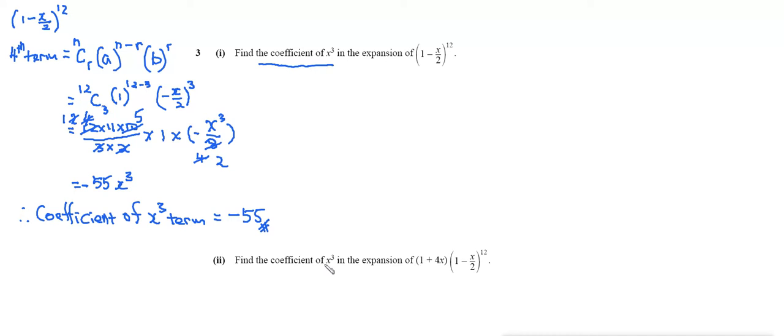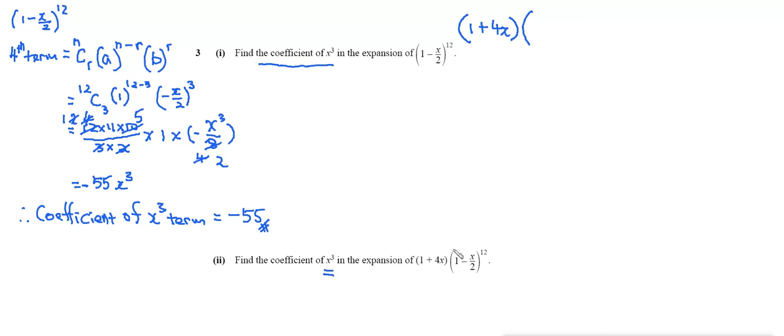Okay, part 2. In order to obtain the coefficient of x3, let's look at the breakdown here: 1 plus 4x. To get the x3 term, the 1 must multiply the term with x3 in this expansion.